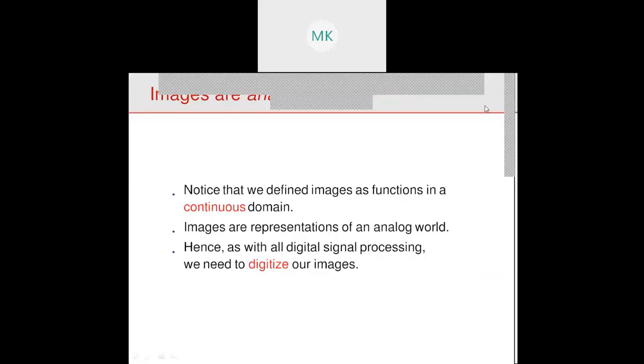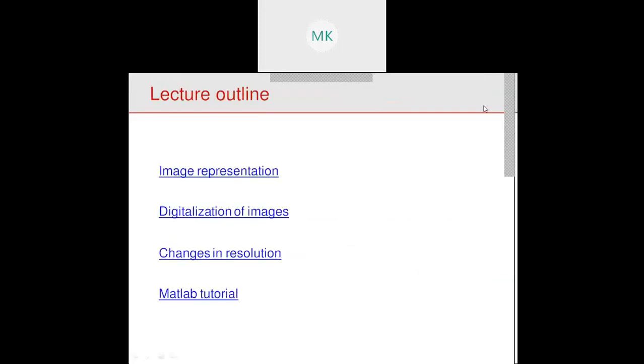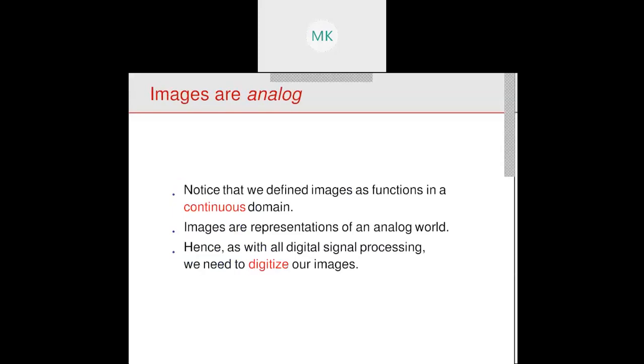Next, images are analog. Usually the images are in the form of analog representation, so we need to convert these images into digital form. Notice that we define the images as functions in a continuous domain.